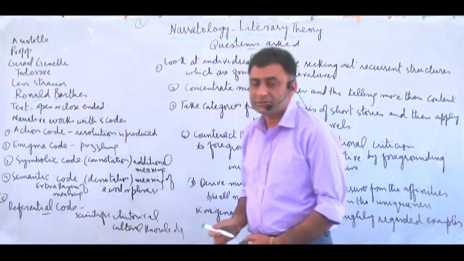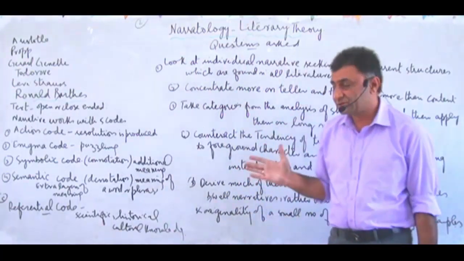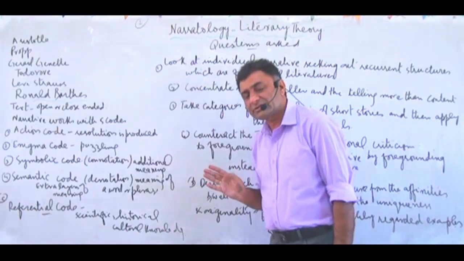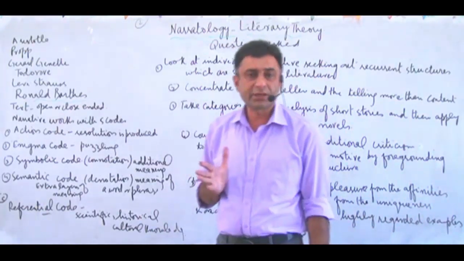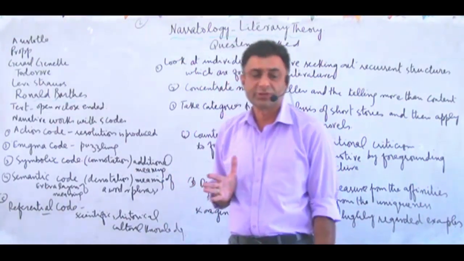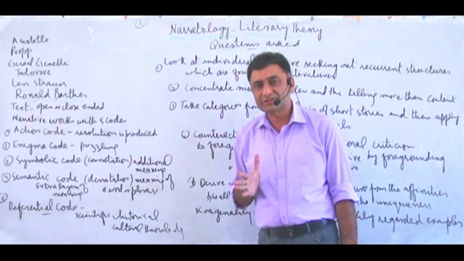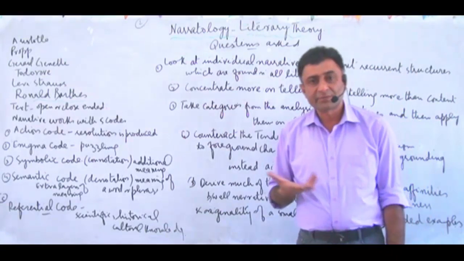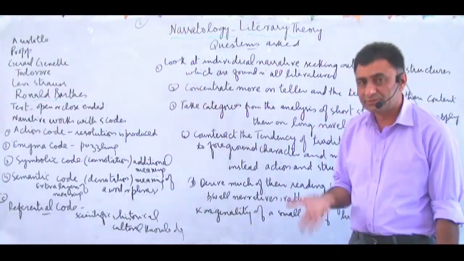As far as Roland Barthes is concerned, he is about text. He says that a text can be open-ended or closed-ended. An open-ended text is one of which we can have multiple interpretations, because it is not going to tell us that these are the meanings of the text, this is the message, this is the theme, this ideology is being presented.